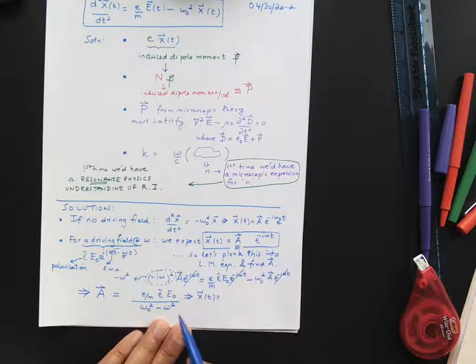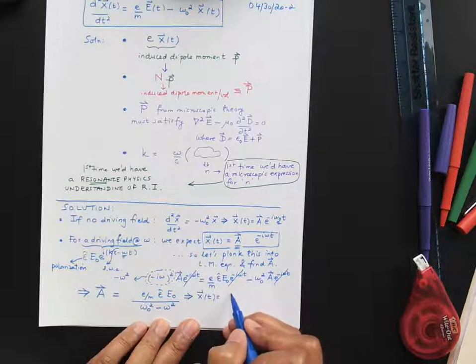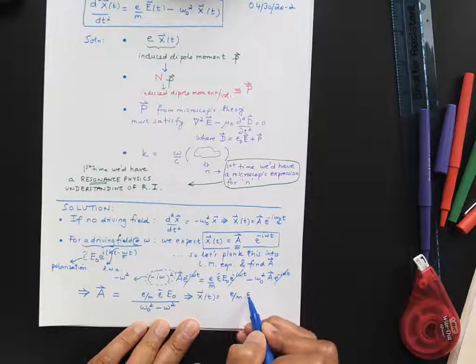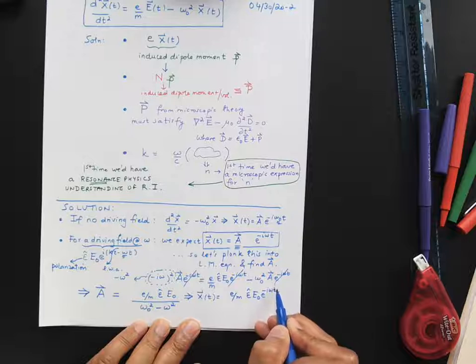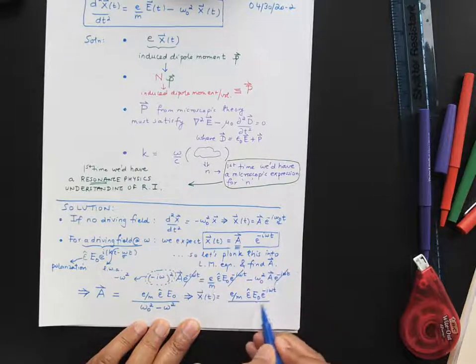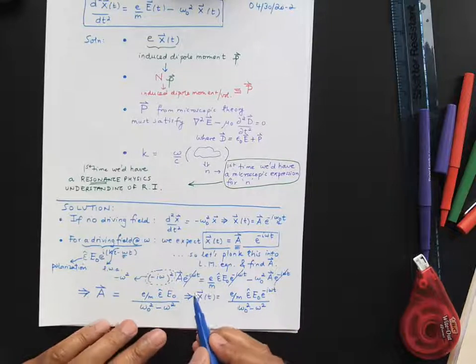We've solved for A, so now I just need to put in the e to the minus i omega t, and there. So here's the solution.